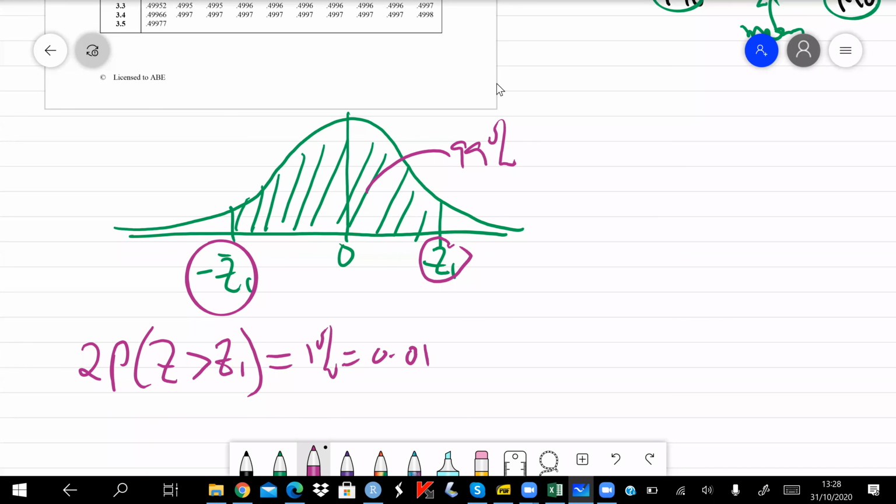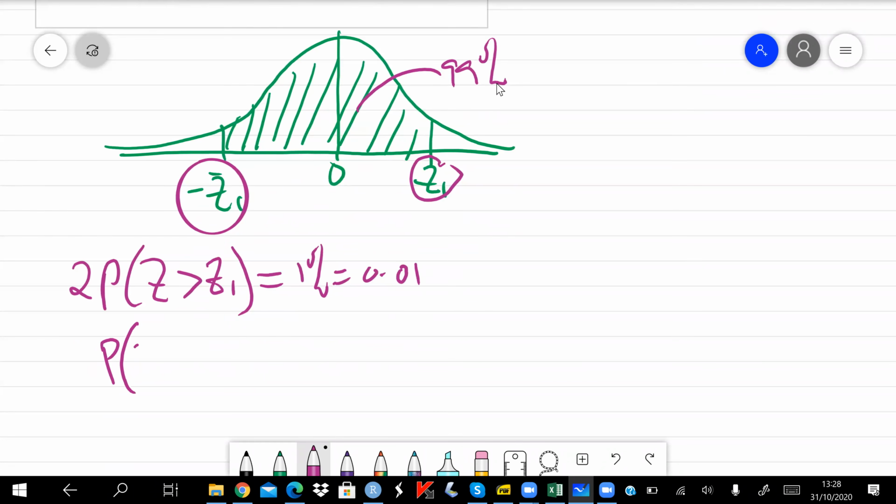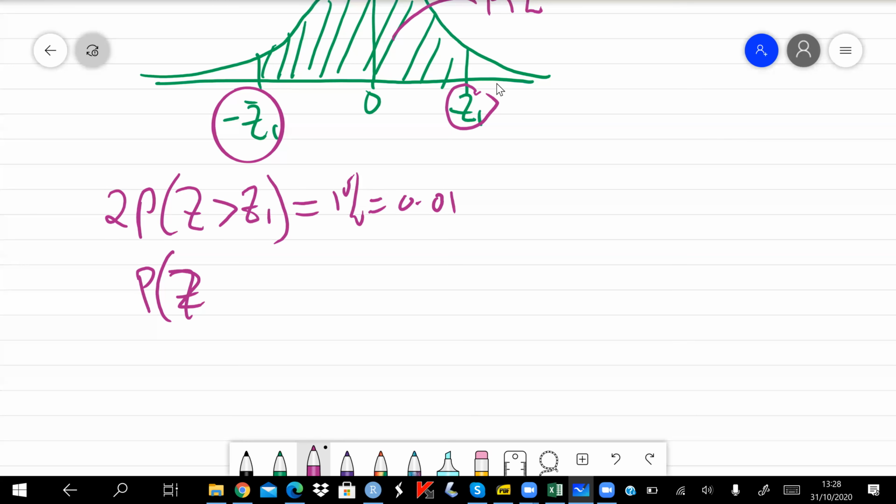Okay. And then we can say that the probability that Z is bigger than Z1 is equal to 0.005. Okay. And then we're using our diagram here.